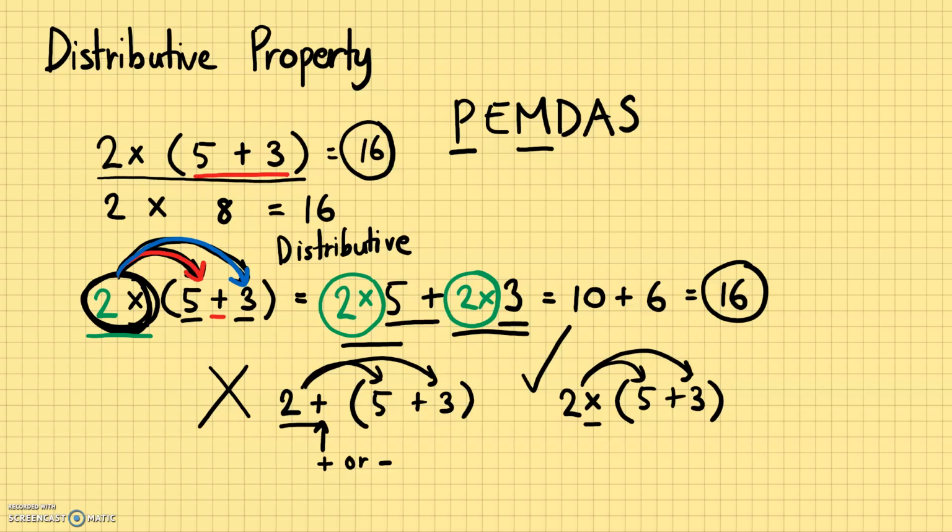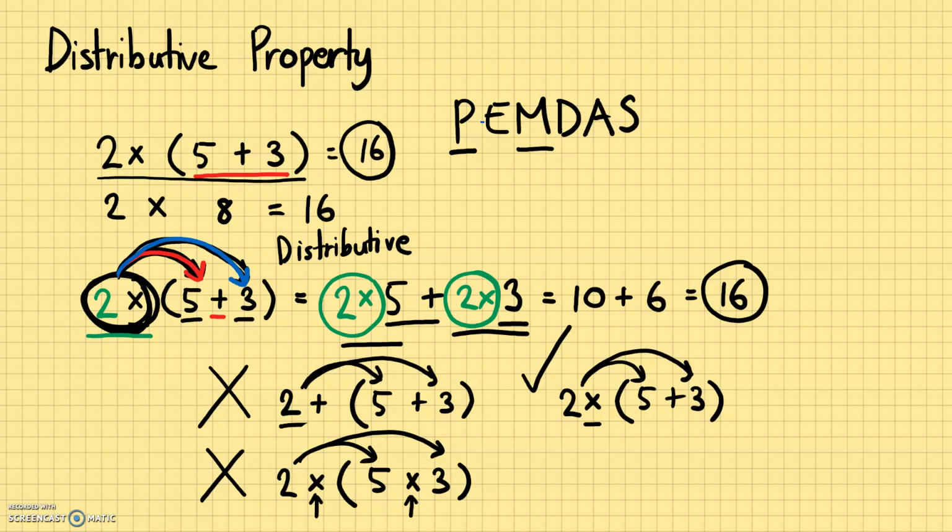Okay. Now another thing you need to be careful about. Let me erase this part. Is if you are multiplying, but inside they're also being multiplied like this. In this case, you can't distribute, because inside you're also multiplying.